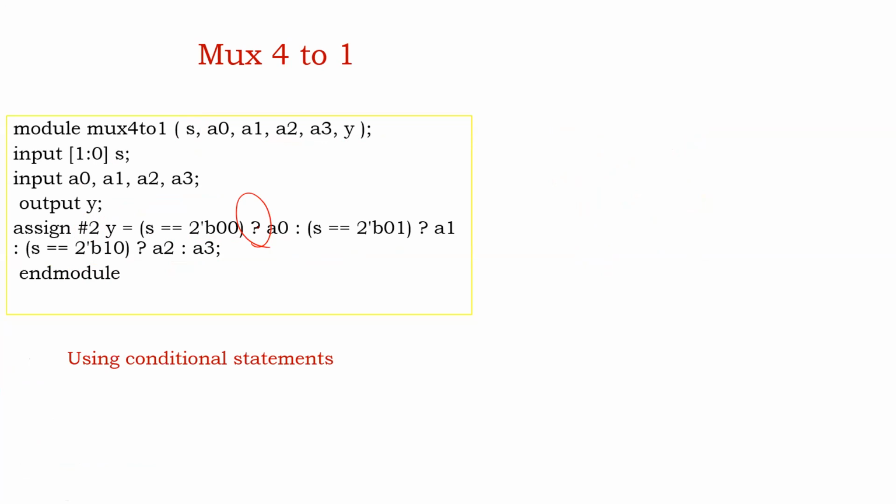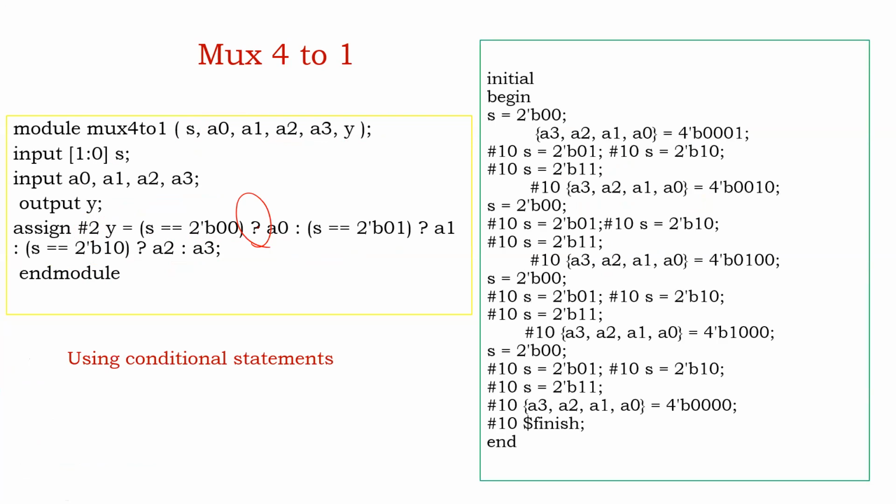Next is the test bench. Initial begin. Of course, some statements at the top I don't want to write and bore you. The first statement is, suppose the select line S is equal to 0 0.